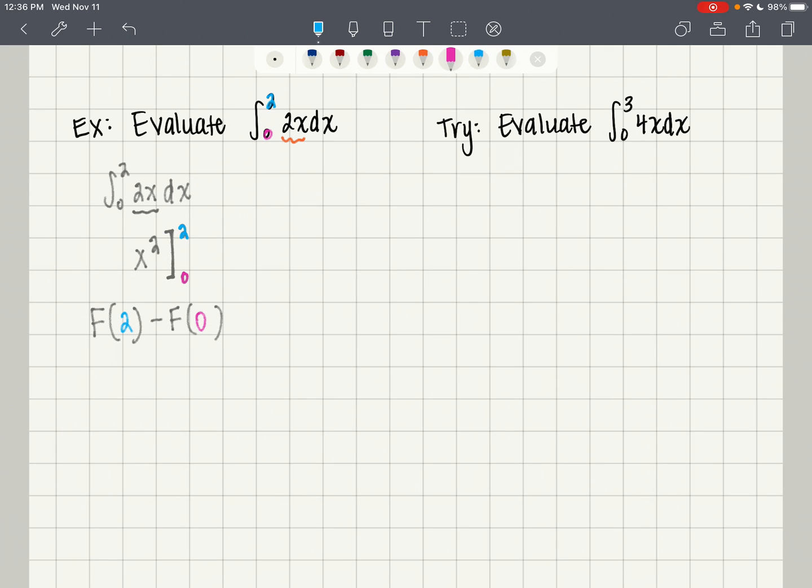F of 2 is 2 squared, so we're going to put a 2 in for x. We get 2 squared. And f of 0, we put a 0 in for x, and we get 0 squared. 2 squared minus 0 squared is 4. And that was the answer to our first problem.